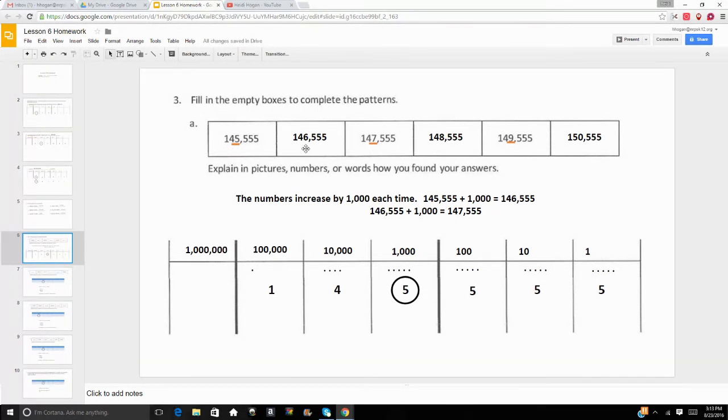So 5, 6, 7, 8, 9, up 10. So we need to say that the numbers are increasing by 1,000 each time. Okay? And we can explain it with our place value chart because we could see that only the thousands place was changing.